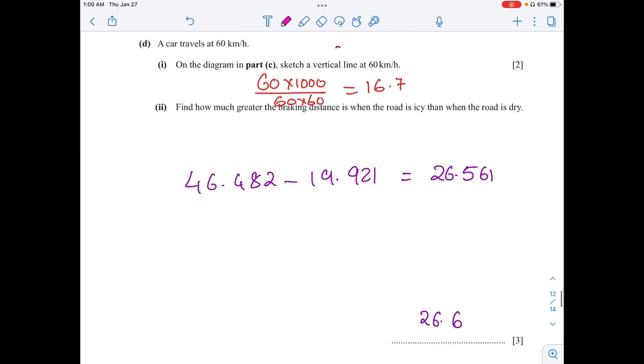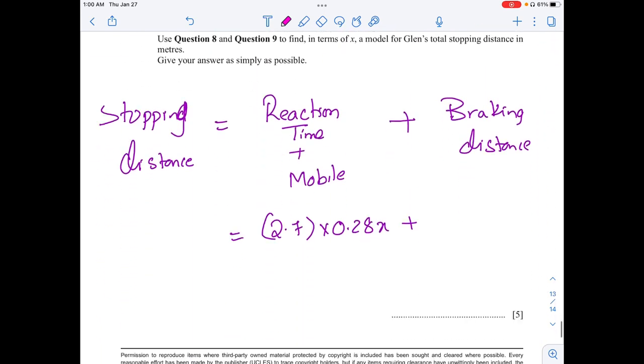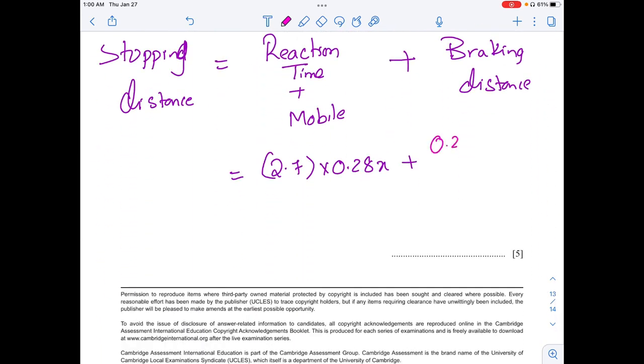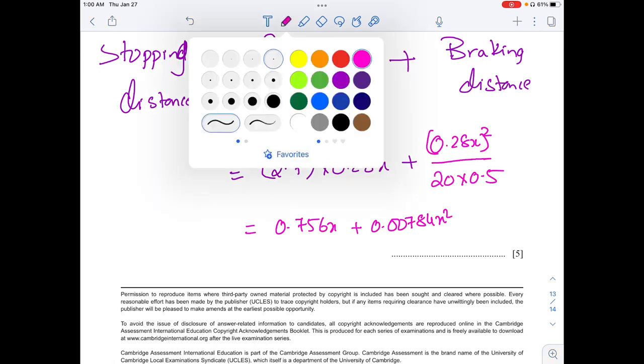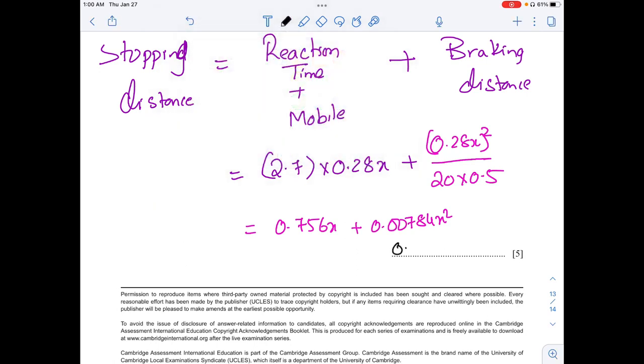So V squared is 0.28x whole squared upon 20 times F. F is 0.5, given. Simplifying, this should give you 0.756x plus 0.00784x squared. That's going to be the answer.